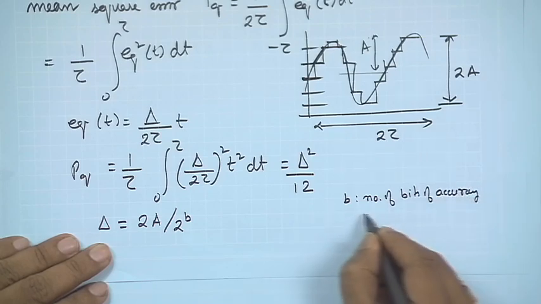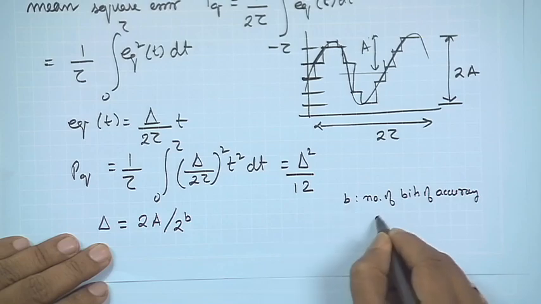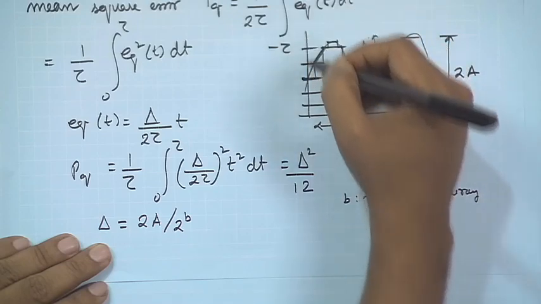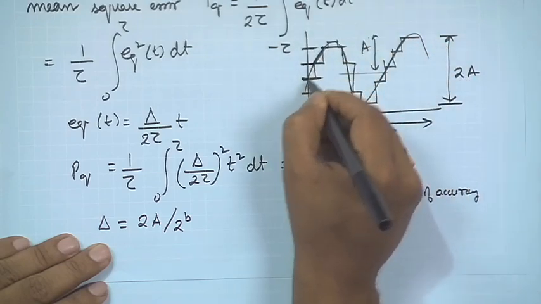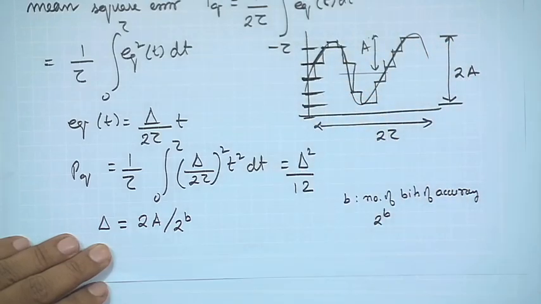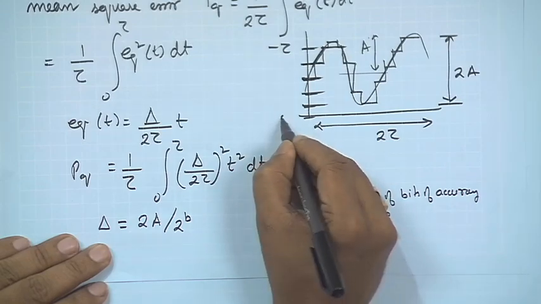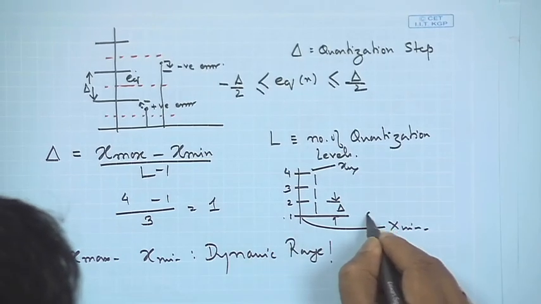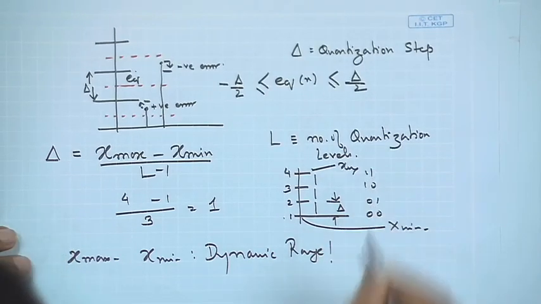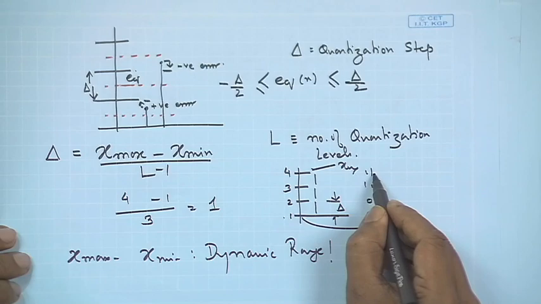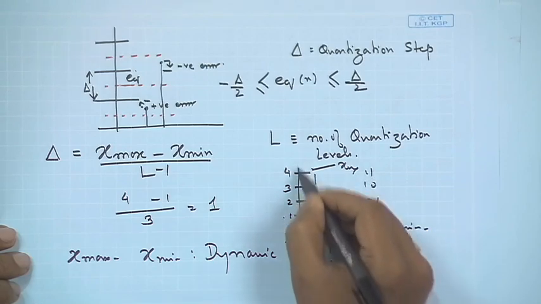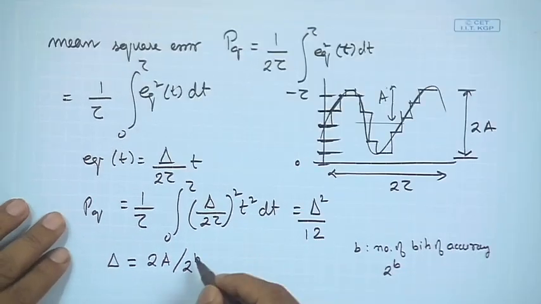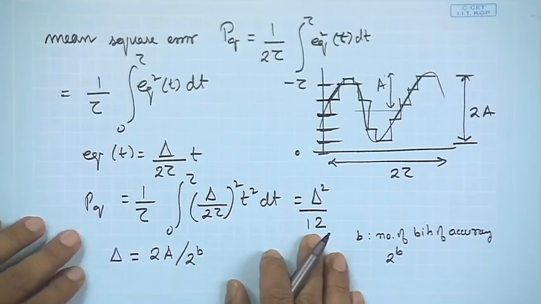Of course, if you have b bits, then 2 to the power of b levels are possible. For example, in our previous example, we could take 00, 01, 10, 11. That means there are 2 bits of accuracy, and 4 values it can take. So, delta is 2a upon 2 to the power of b.